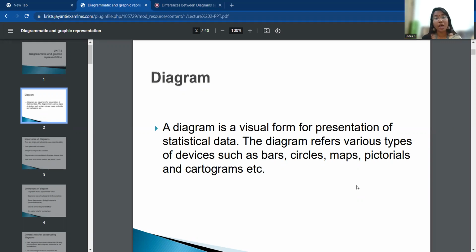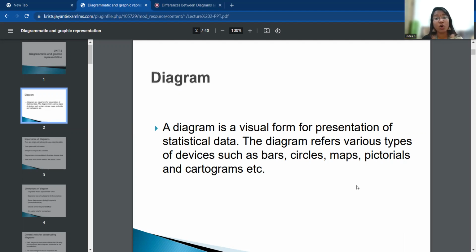If these different types of data are put in a paragraph, we might not understand them. So the second, more attractive way of making everyone understand statistical data is diagrams and graphs. So what is a diagram? A diagram is a visual aid or a visual form of presenting statistical data.